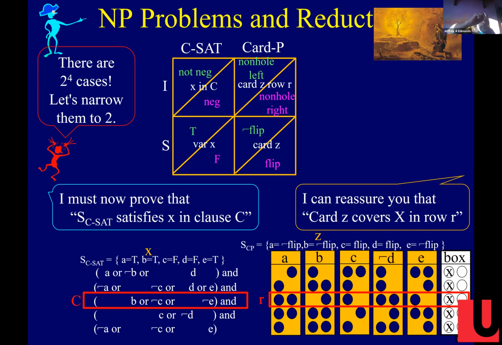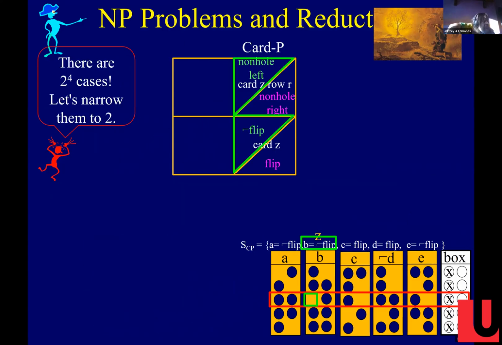Right? And I think the way you narrow them down will be very similar. Over in the card problem world, we know that there's a link between its input and its solution. Why do we have a link here?